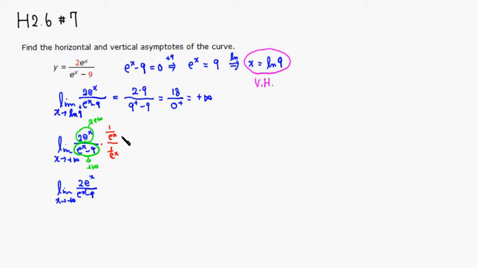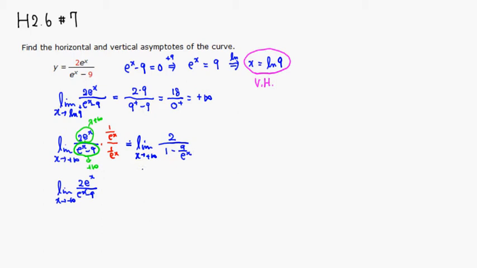Then you would get the limit as x approaches positive infinity. The e to the x cancels out, so you just get 2 on top. e to the x over e to the x is 1, minus 9 over e to the x.